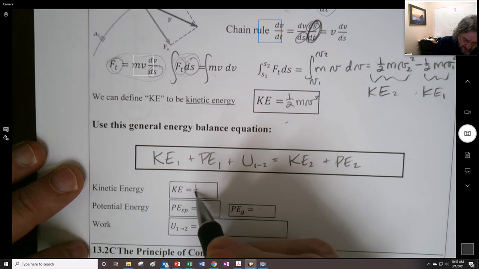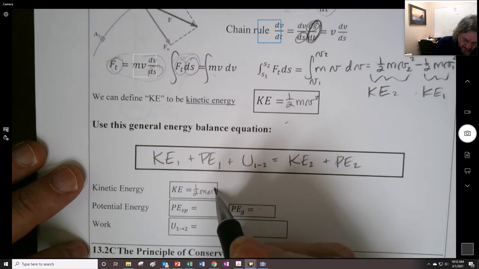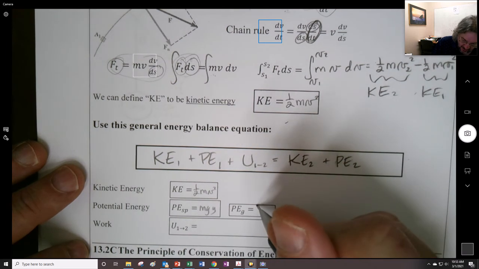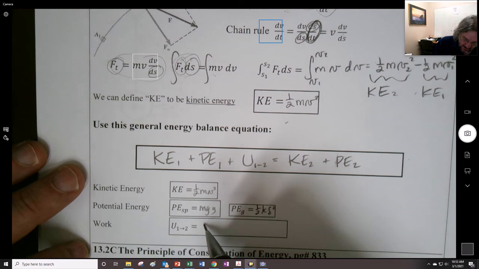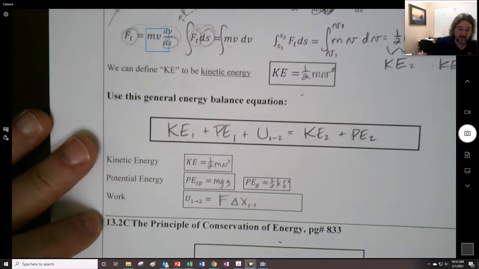So we know there's 1/2 mv squared, we have mgy, and we can also have 1/2 k del squared, and then the work is really just going to be force times the distance between 1 and 2 that gets moved.